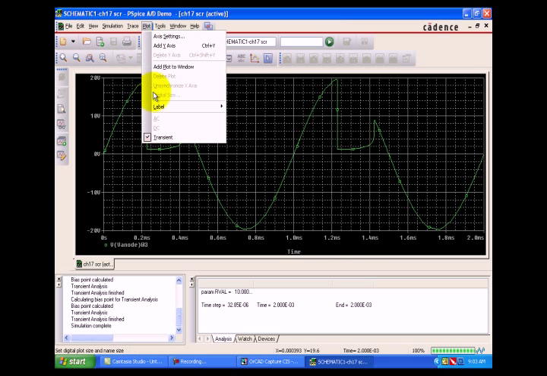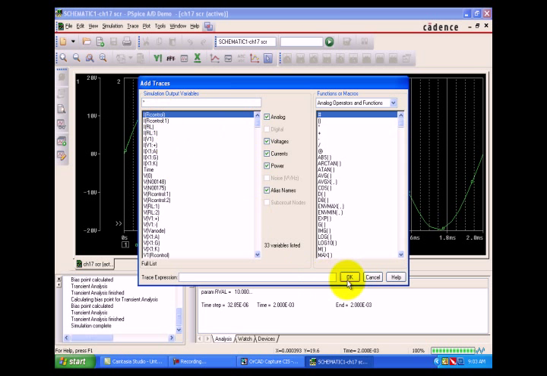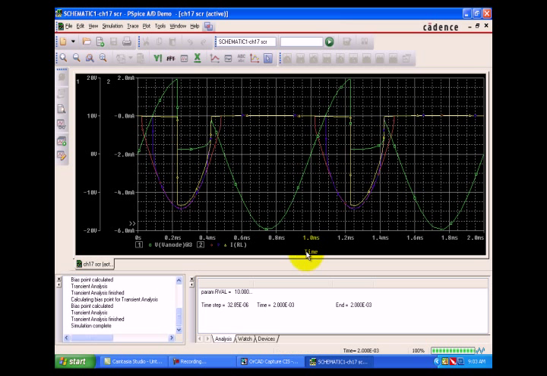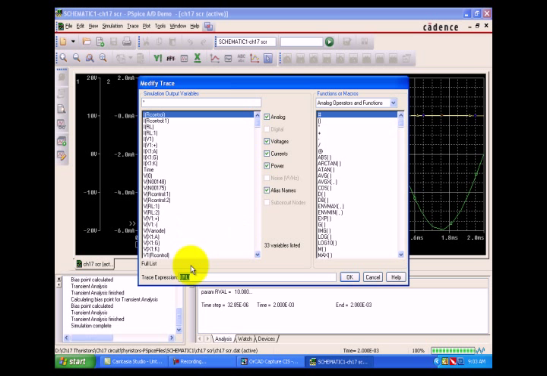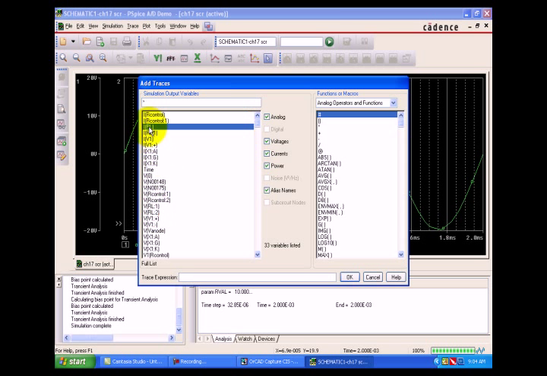Now add the y-axis as R control, the current flowing to the load resistance. So we will find the holding current for that. This is the RL at 3.